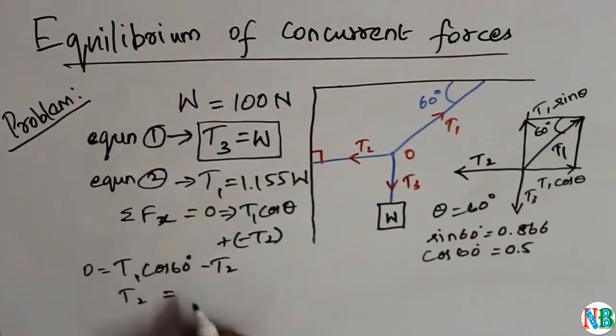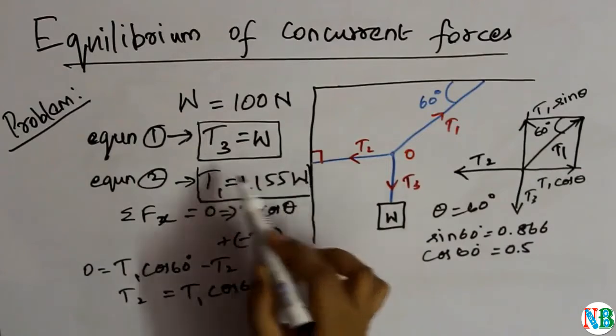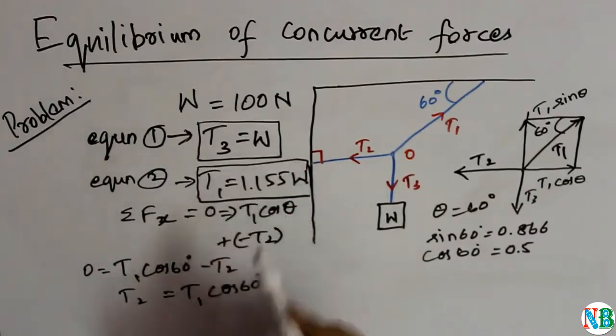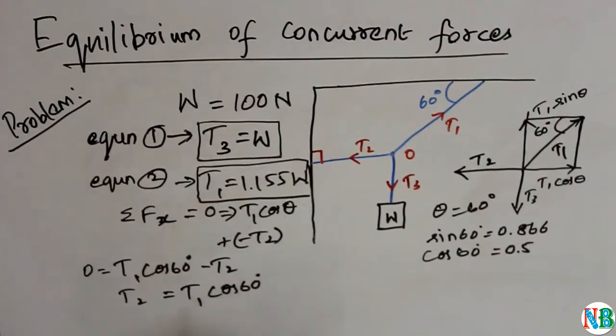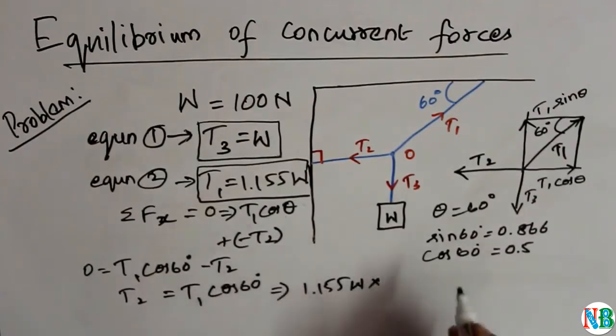Now we are going to find T2. What is T2? T2 is T1 cos 60 degrees. We already have a value for T1, which is 1.155 W. So we substitute that value for T1, 1.155 W into cos 60, which is 0.5.